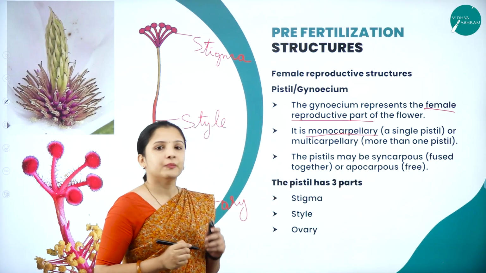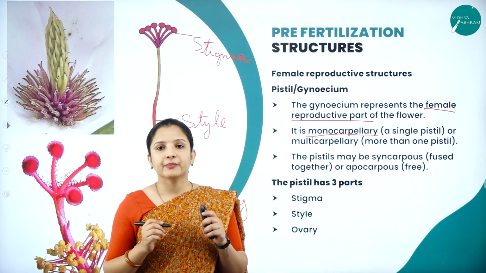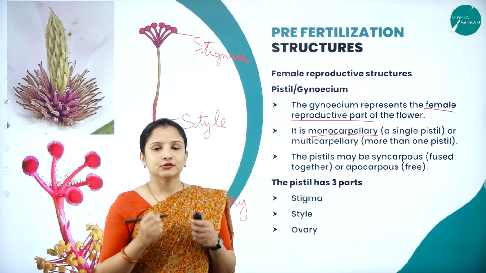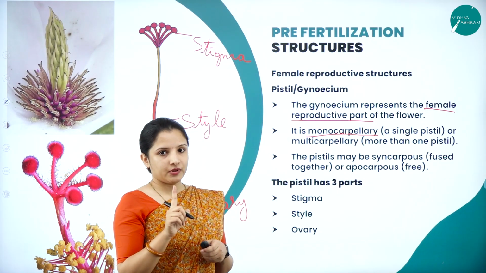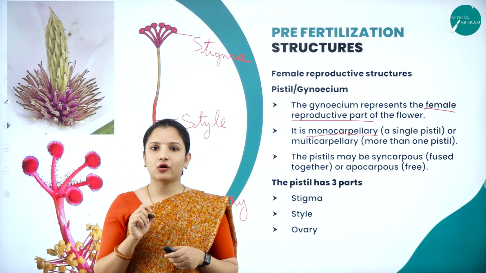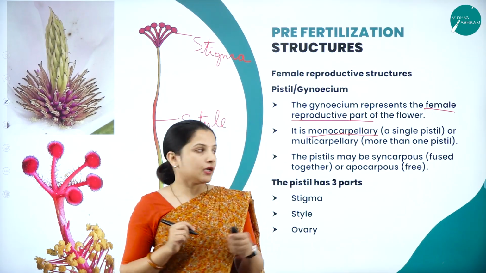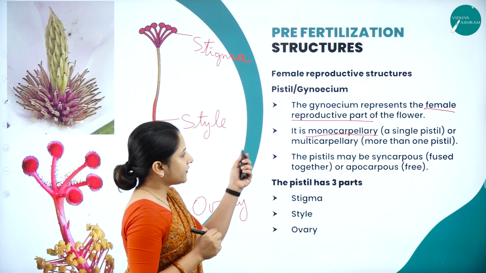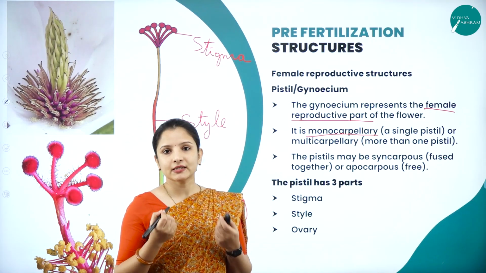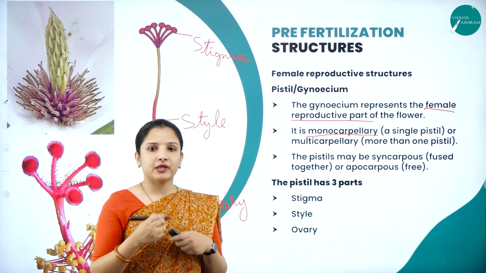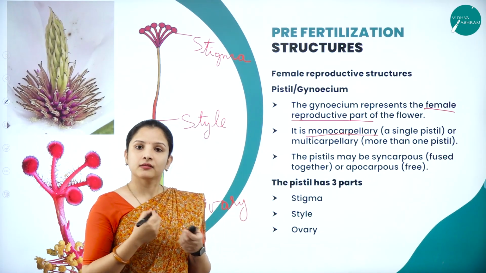So mono means single, carpel means nothing but pistil. If the flower has one carpel or one pistil, it is called as monocarpellary. And if it has more than one pistil, it is called as multicarpellary. So multi means more than one, many in number.